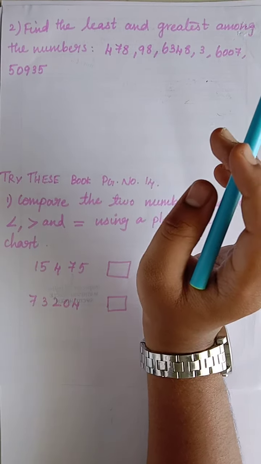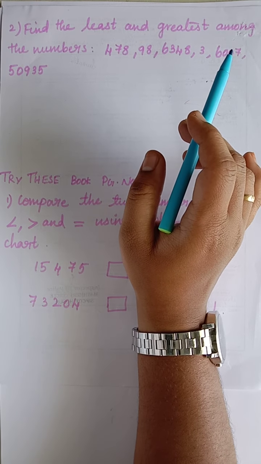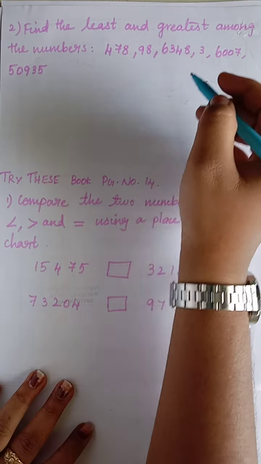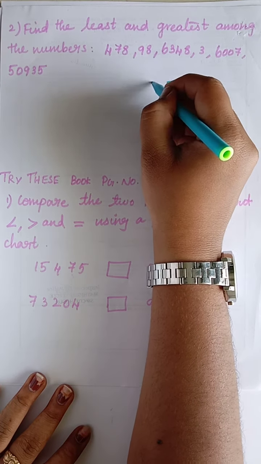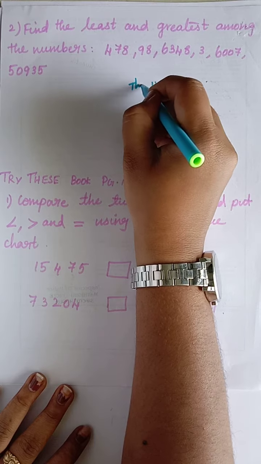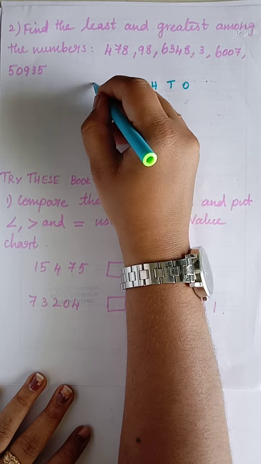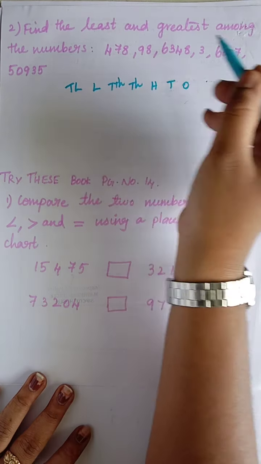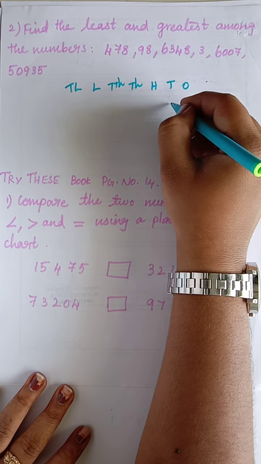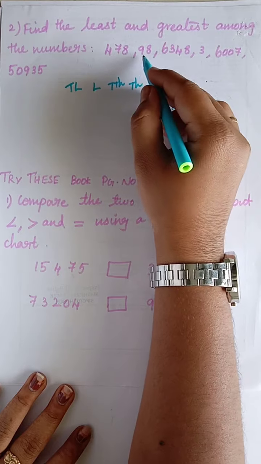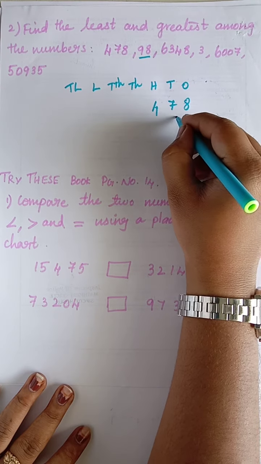So for finding that also we can use the place value chart. We can start writing from here: ones, tens, hundreds, 1000, 10,000, lakh, 10 lakh. Okay, now the first number should start from here: 8 7 4. Next 9 8 8 9.